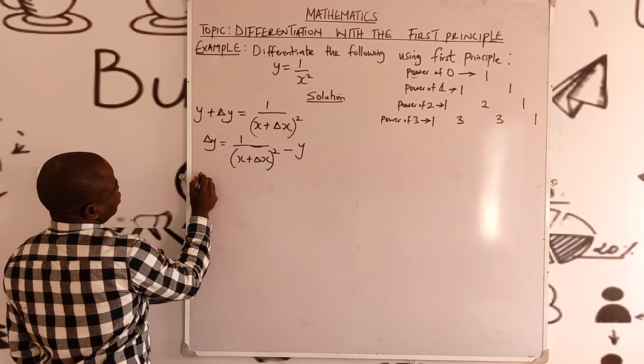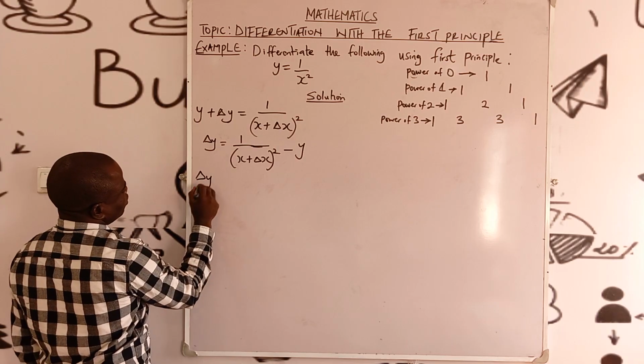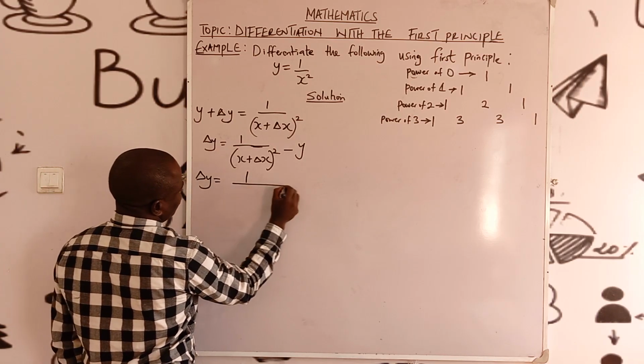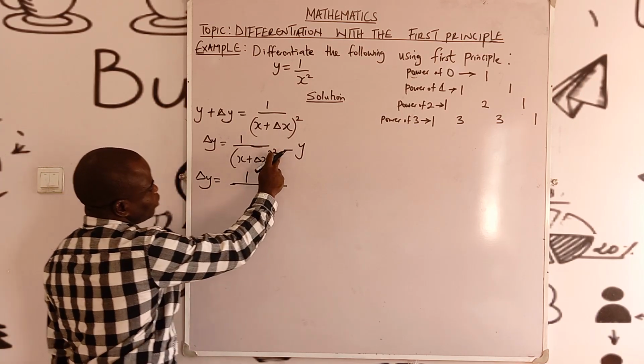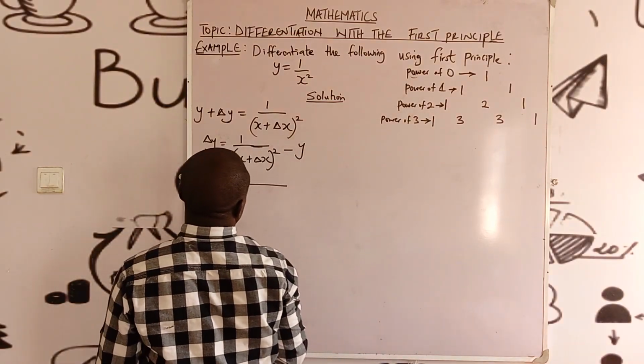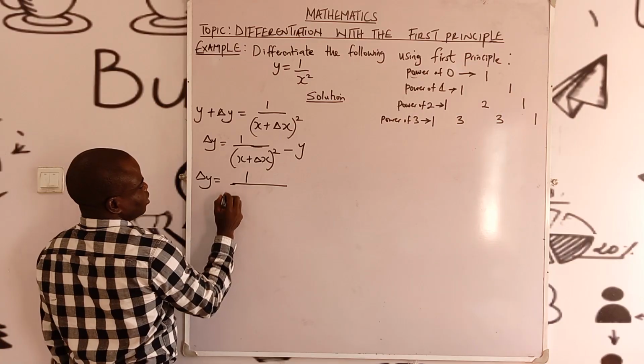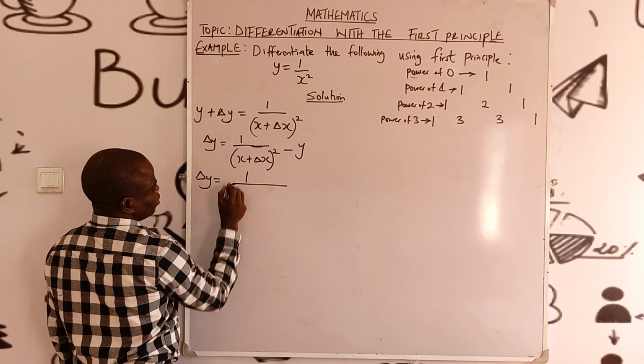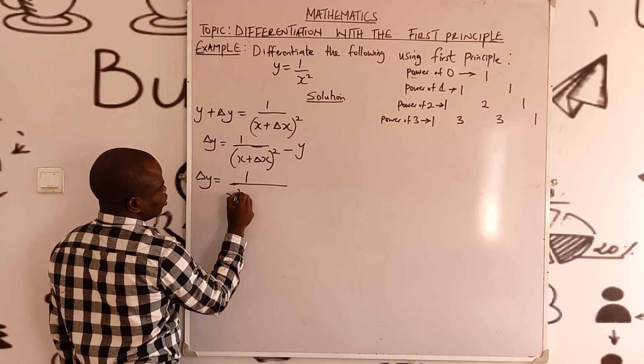Okay, now we have dy equals 1 over, when you get to this square, you have this squared here using the power of 2, the third line, and you write x, this first one, x will be squared.